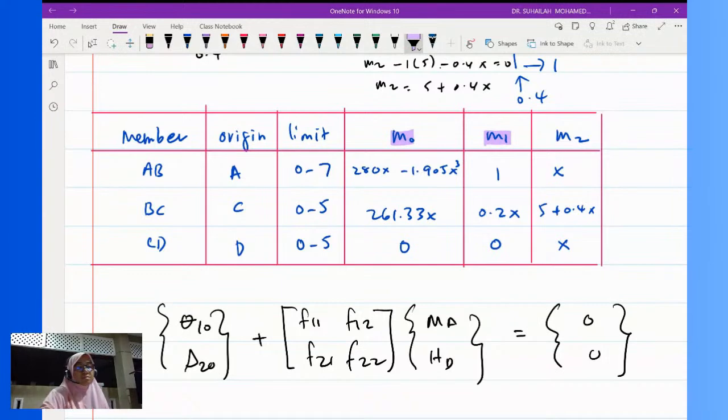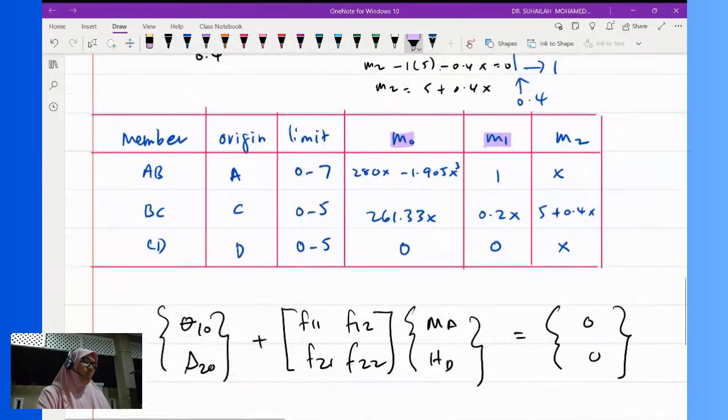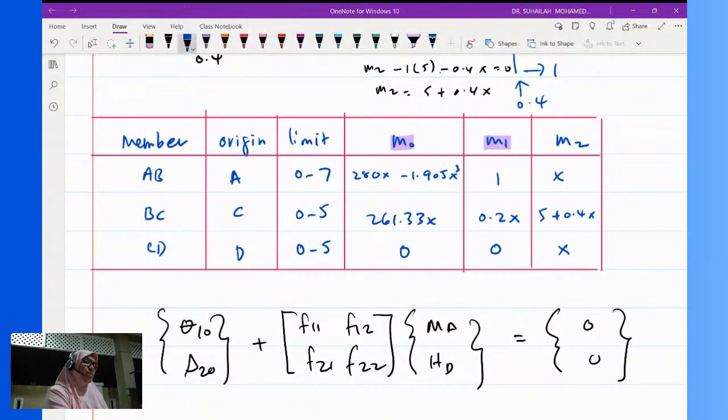That's all. So take out your calculator and please calculate for me. And don't forget in this case we have to consider 2EI and EI.